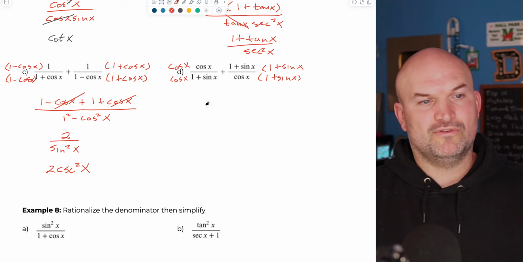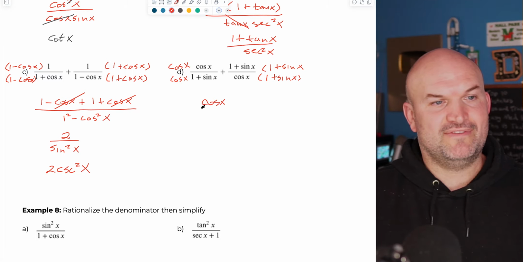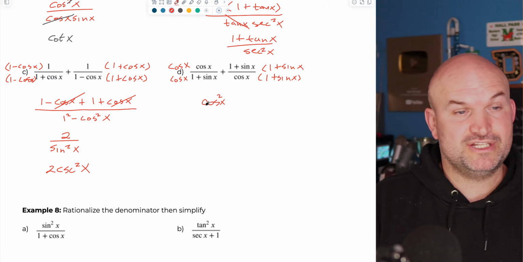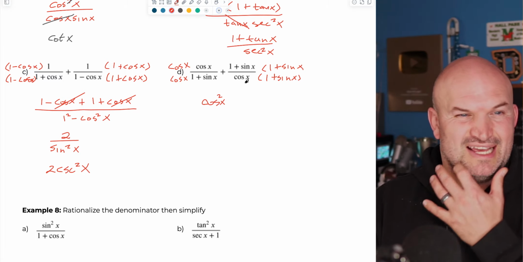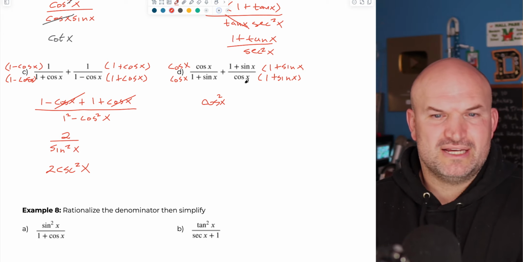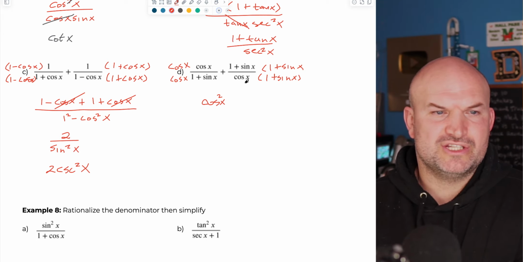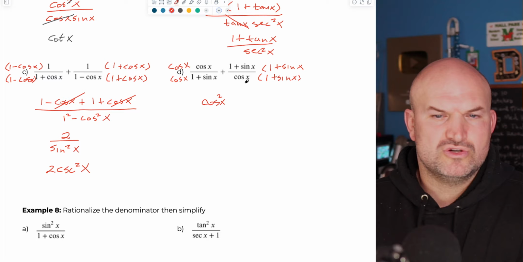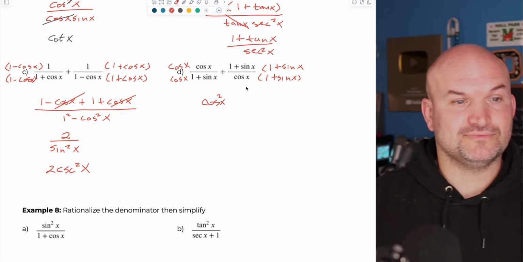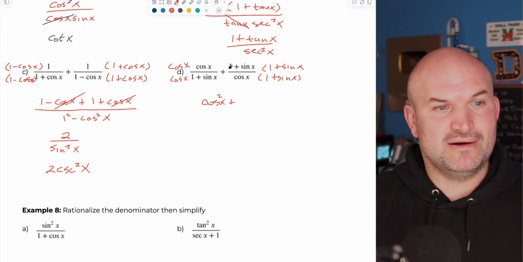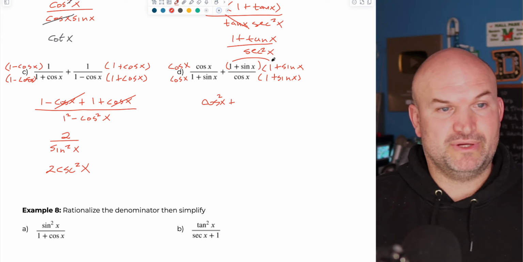Okay, so over here, I'm going to get a cosine of x, cosine squared of x, apologies. And then over here, I'm going to get a 1 plus sine squared, which is, okay, I guess I need to multiply that out. So again, applying the distributive property, I'll do this a little bit quicker.